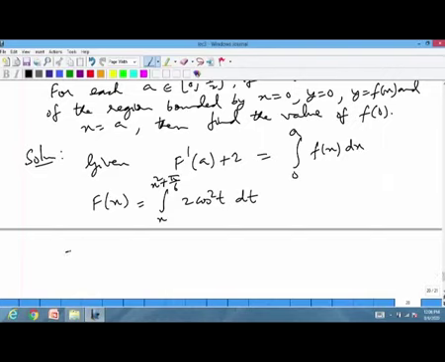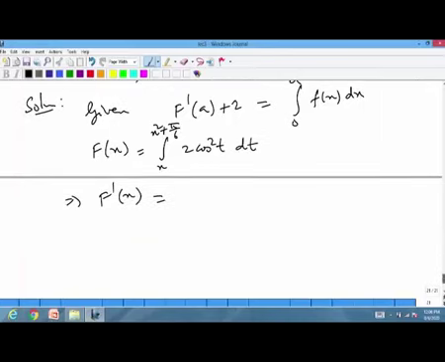So, this implies f prime x, we know that to find the derivative of this integral from two functions of x, this will be given by 2 times cos square of the upper limit, x square plus pi by 6, times the derivative of x square plus pi by 6, which is 2 x, minus 2 times cos square of the lower limit x times the derivative of the lower limit, which is 1.